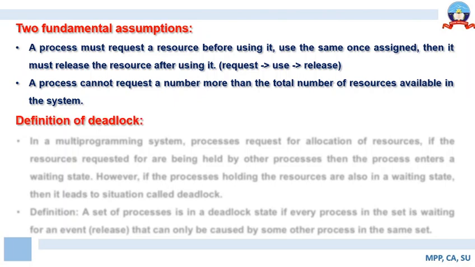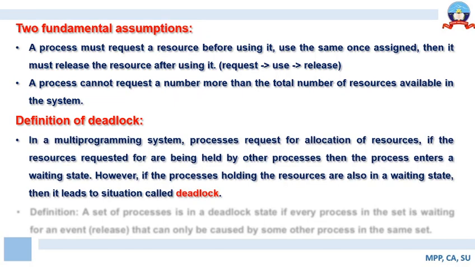Now, taking into view everything we have discussed, let us draw a definition of deadlock. In a multi-programming system, processes request allocation of resources. If the resource requested is being held by another process, then the process enters into a waiting state.